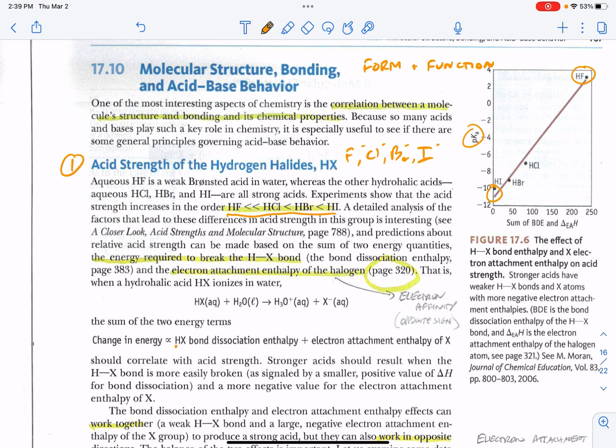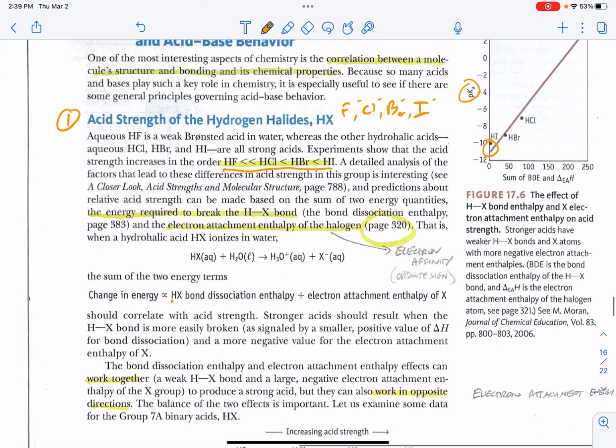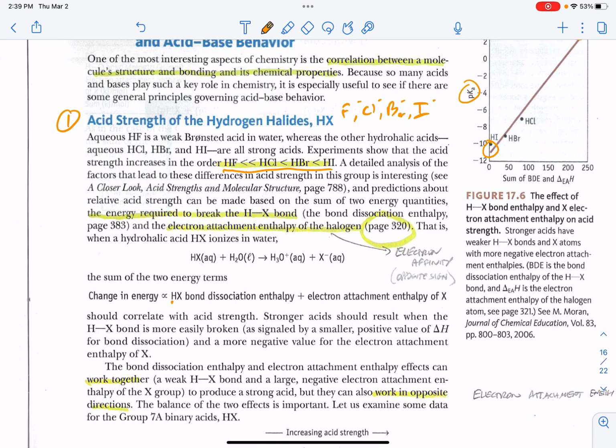Now, there are two kinds of things that we have to think about when we look at these halogenic acids. One of them has to do with the energy it takes to break the hydrogen-halogen bond. X represents our generic halogen.